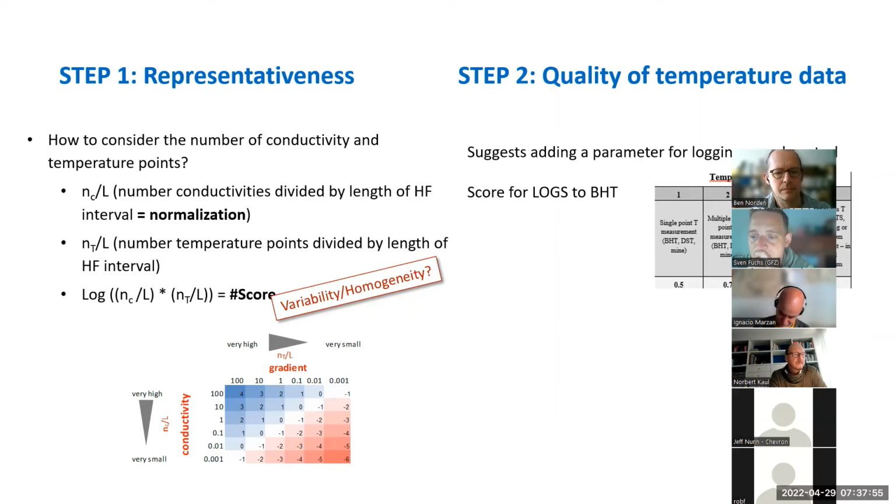So it's starting to get a little more complicated, but I was just raising the question as to whether anyone sees the value in accounting for the greater accuracy that you're going to get from presumably a DST or a static gauge measurement, as opposed to a single BHT or a corrected BHT measurement.